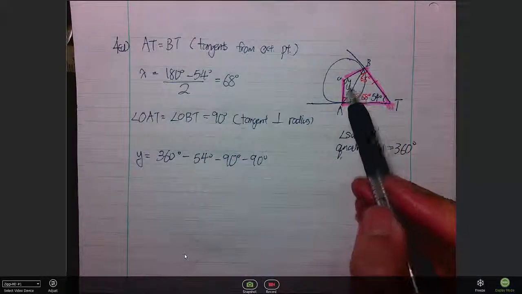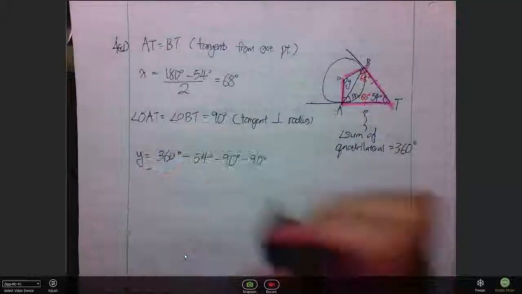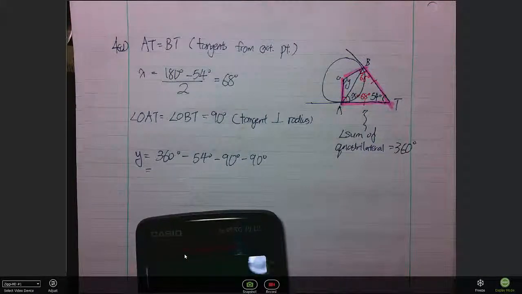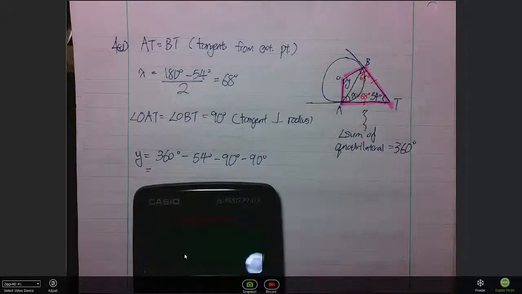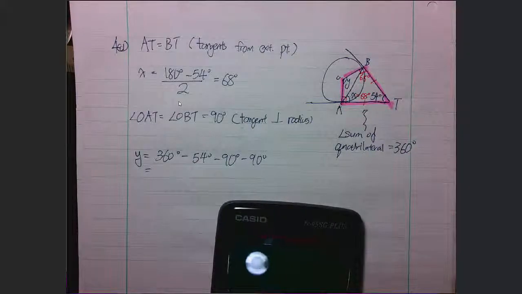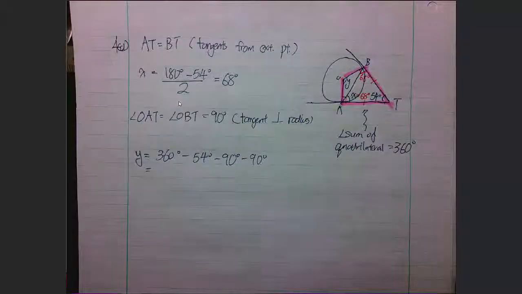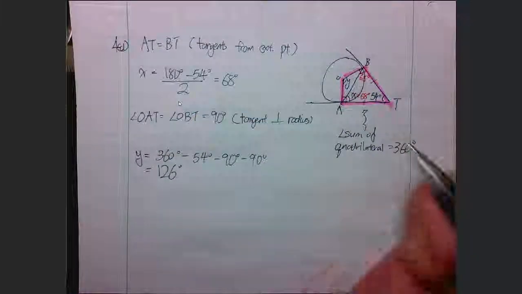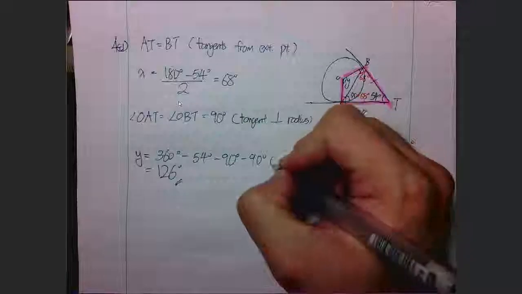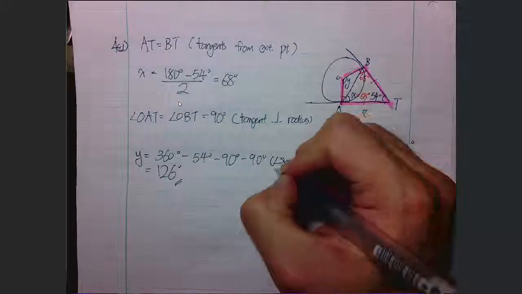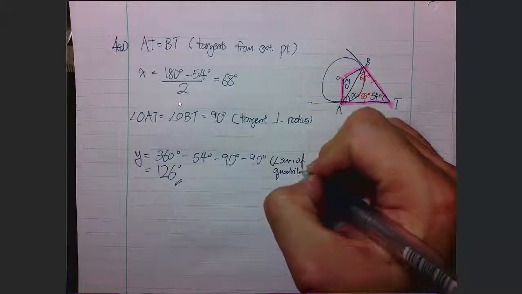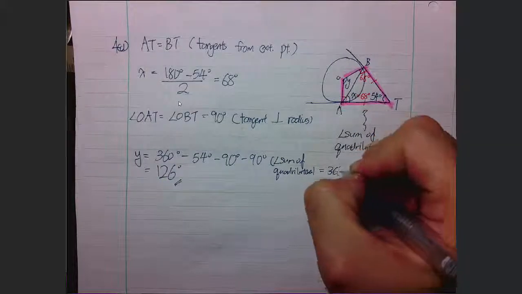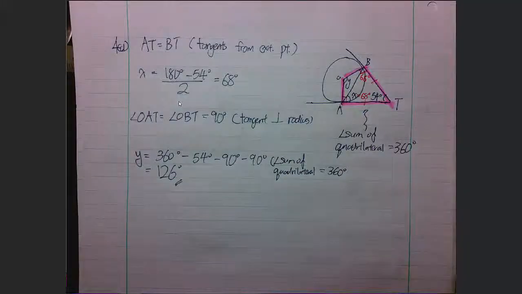I will be left with the last remaining angle Y. So just key everything into your calculator: 360 minus 54 minus 90 minus 90. I am left with 126 degrees. And the reason being, angle sum of quadrilateral equals 360 degrees. And we are done with all the examples from 10.4.